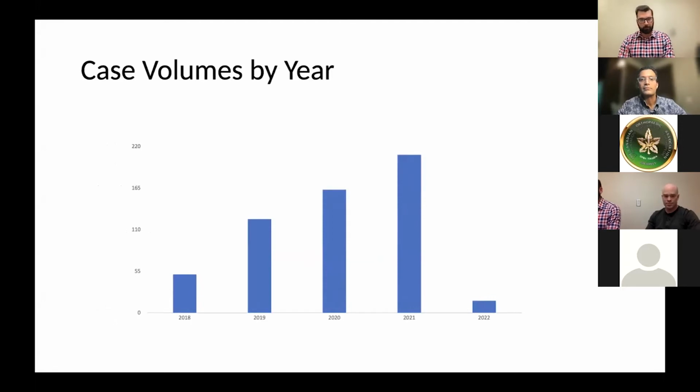This is just a little graph that we cooked up to show a visual representation of how our case volumes actually increased. Now, keep in mind that we were very conservative initially with our patient selection, and also keep in mind that COVID has played havoc with our access to the OR. So it's difficult to really give an accurate representation of how things went, but basically this is combined numbers for us. We started late in 2018, so the numbers there are quite low.